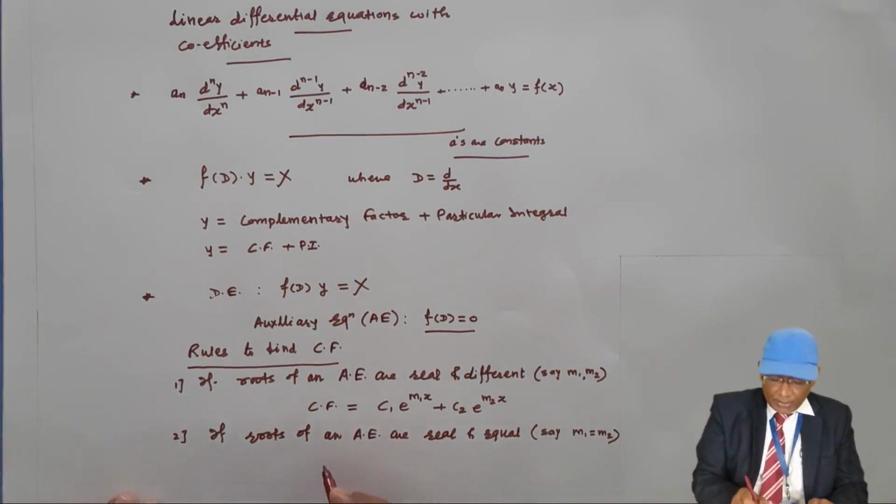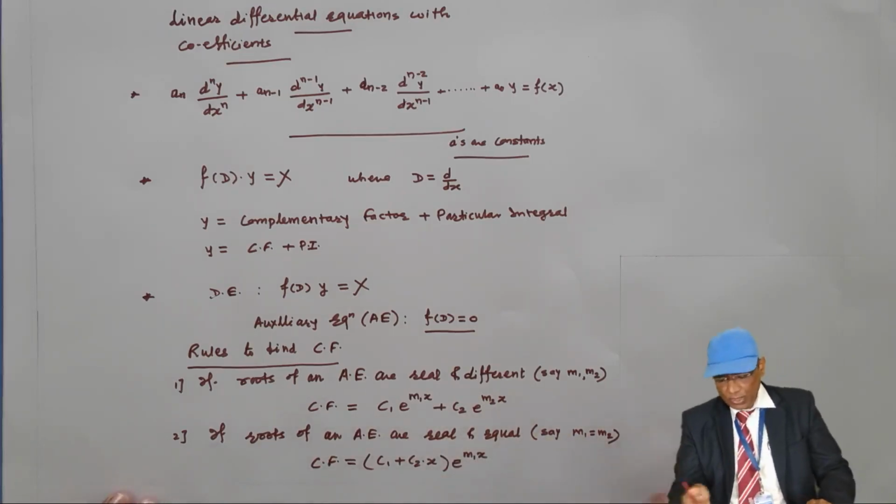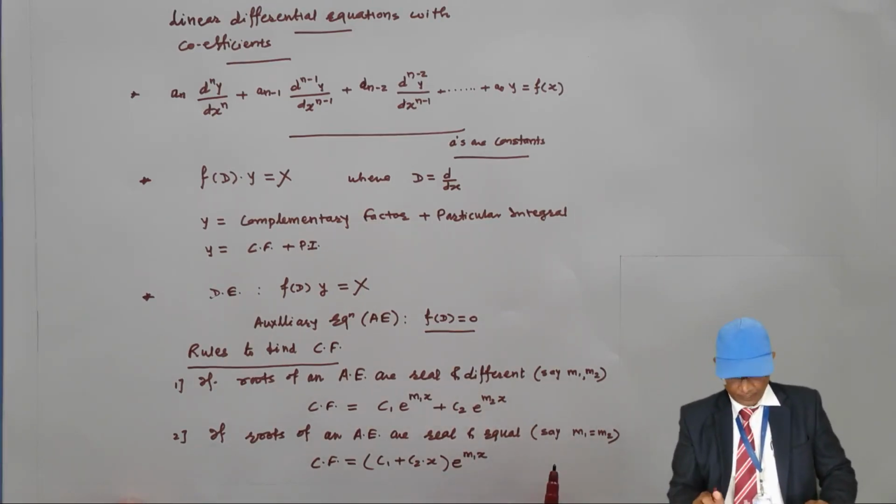So how to write the complementary factor? Complementary factor is equal to C1 plus C2x, in bracket, e to the power M1x or e to the power M2x, because M1 and M2 are the same. Either you write M1 or M2, while writing the formula it is okay.